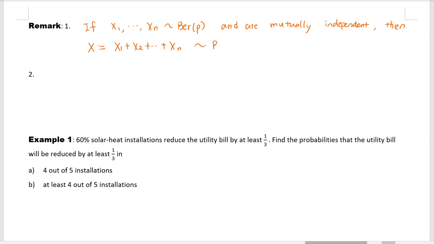This has the binomial distribution with parameters n, the number of trials, and p, the probability of success.